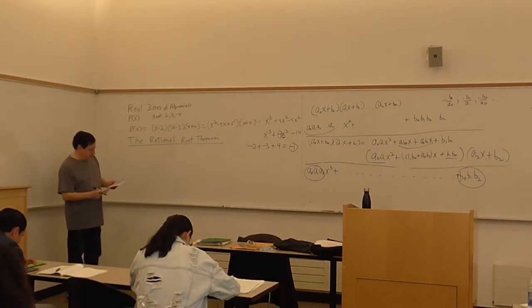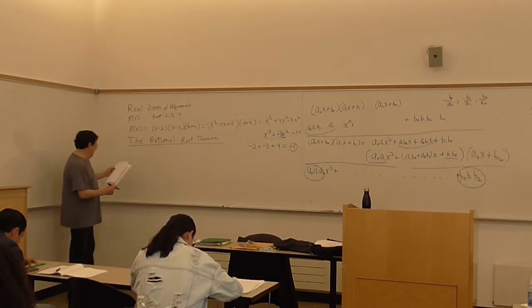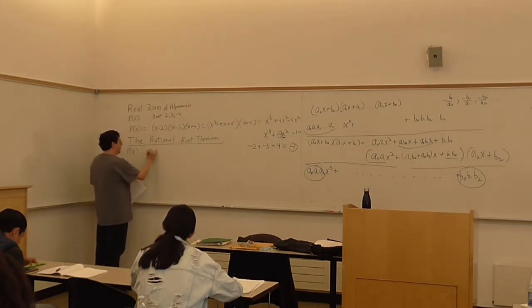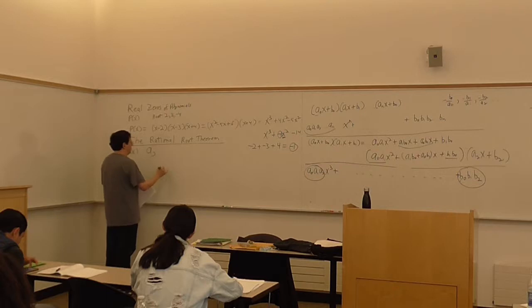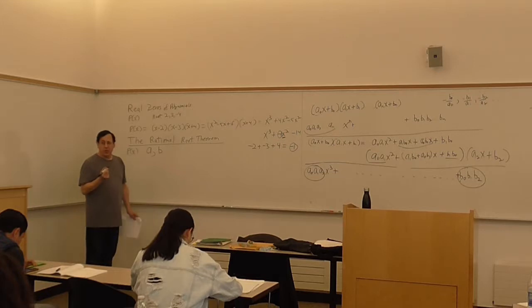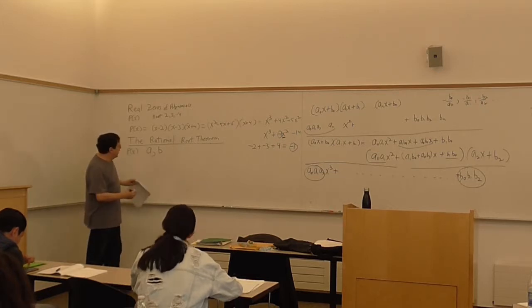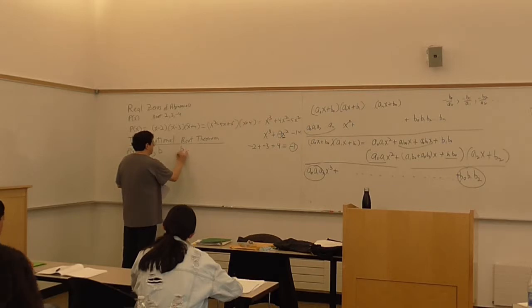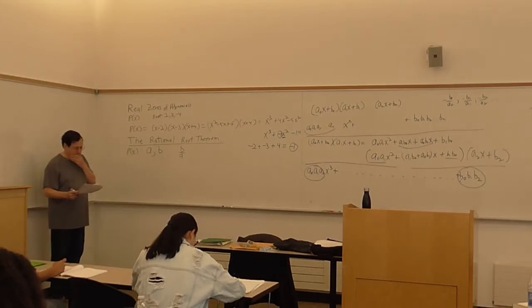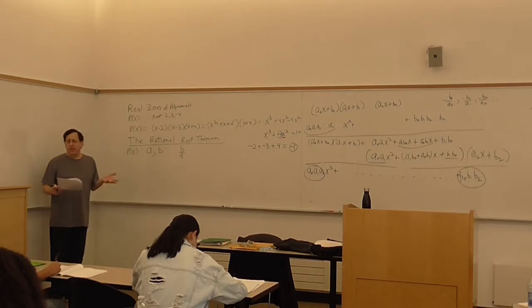The rational root theorem says that if we have a polynomial with leading coefficient A and constant term B, that if there are any rational roots to this polynomial, they will be a factor of B over A. Well, that could be useful, or it might not.